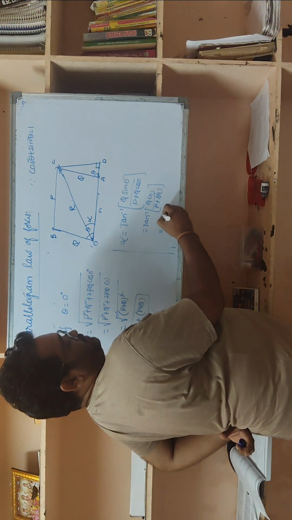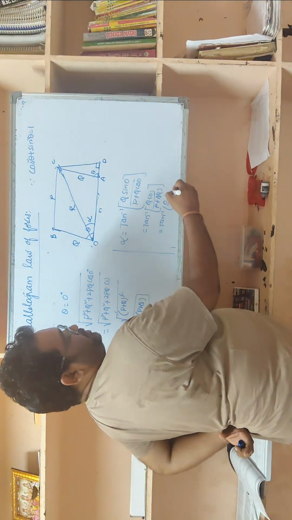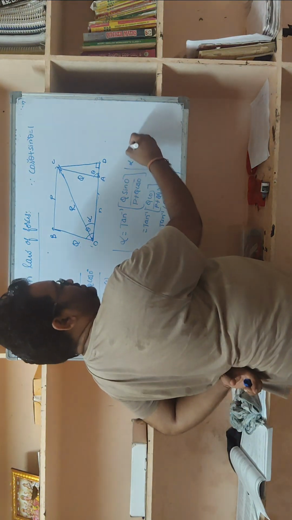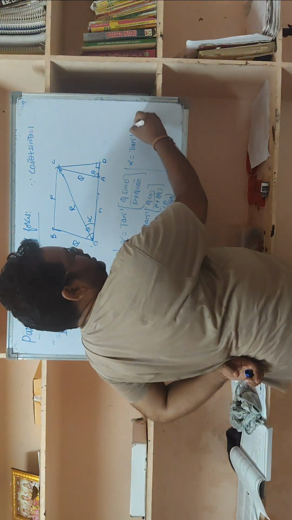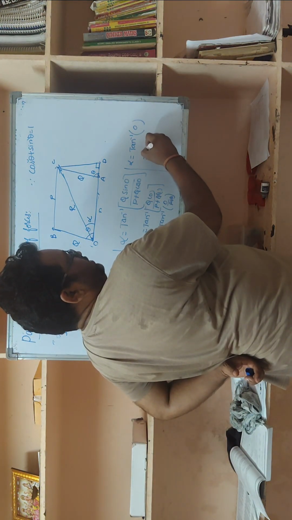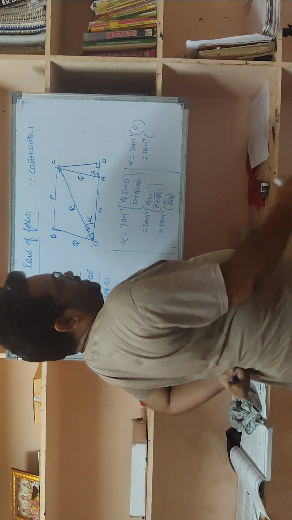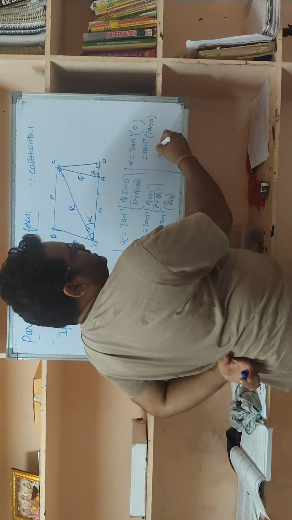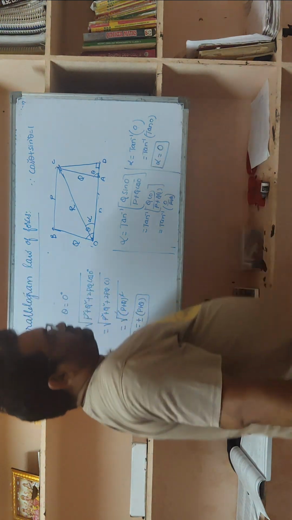So tan inverse of 0 by P plus Q, you will get alpha equal to tan inverse of 0. But tan inverse of tan 0, the value of tan is tan 0. So tan inverse tan will give 0. So alpha is equal to 0 degrees.